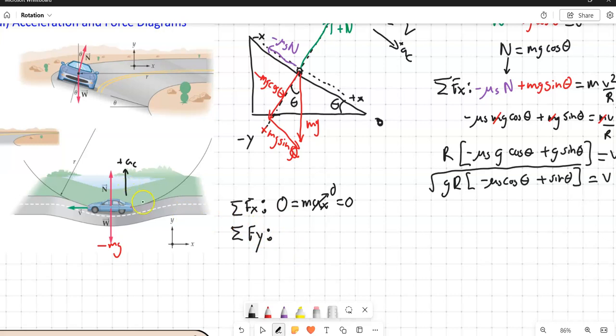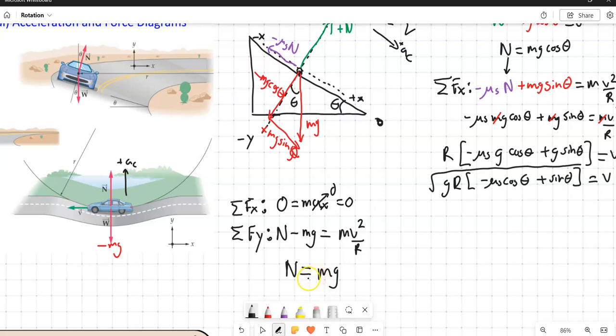You're actually accelerating upwards when you dip down, which makes sense because that's what makes you feel lighter, sort of. You're almost in free fall. You have the centripetal acceleration. So this is going to be n minus mg, and that's going to be equal to a positive mv squared over r.